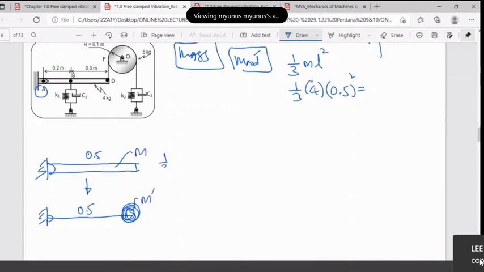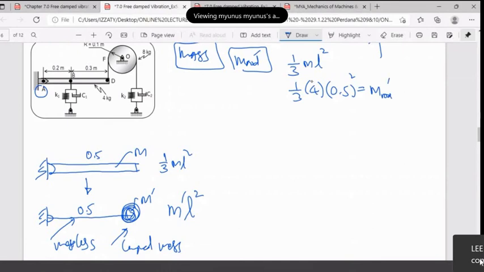If this one is 1/3 ML square, this one is not, because this is massless and this is the lumped mass. So this becomes M prime L square. You put M rod, the L square is 0.5, and you'll be getting M rod equal to 1.333 kilogram.